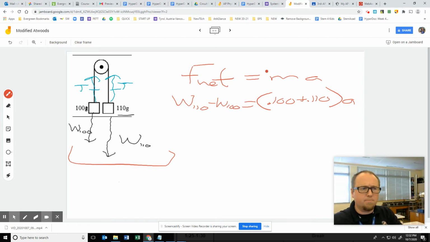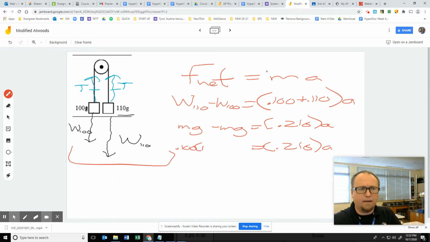So we're going to plug in some math on that. So that's mg minus mg equals 0.210 times A. But now let's plug in my m's. So my mass is 0.10 times g. I'm going to use 10. Let's make life easy. Minus 0.110 times 10.